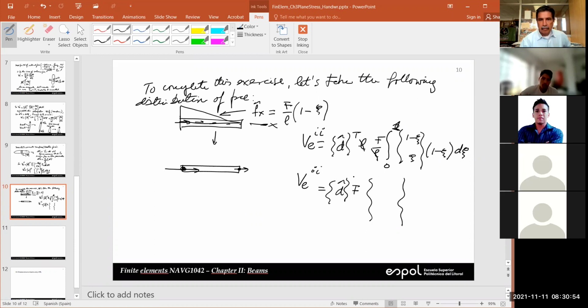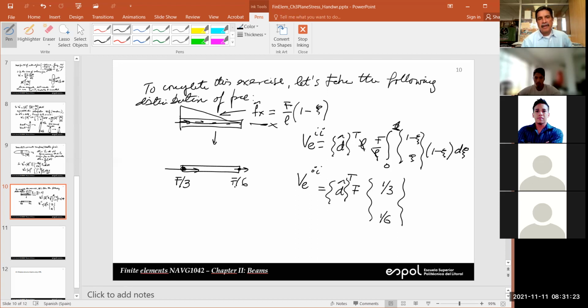It's 1/6. 1/6. 1/3. 1/3. So what we're saying is that we have this, which is a linear variation of this force per unit length, and we're going to have 1/3 of that in here, and 1/6 of that into here.